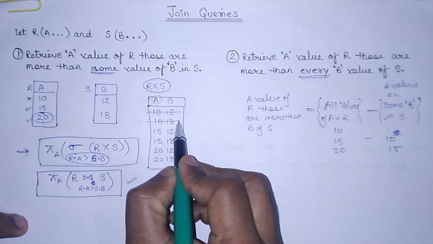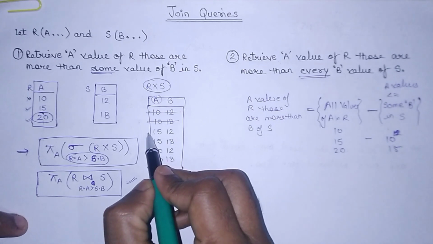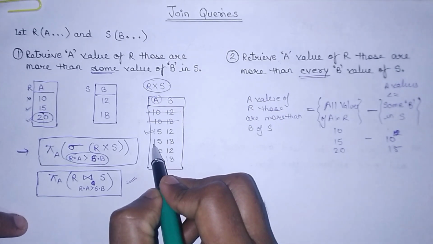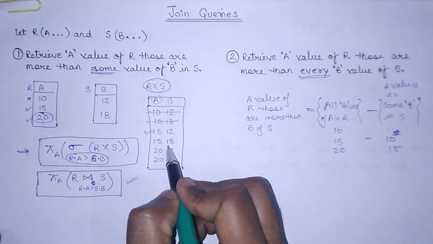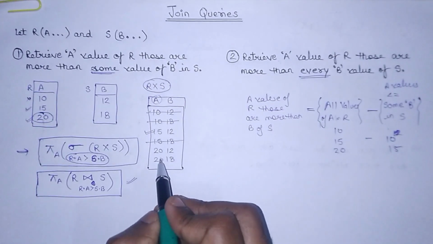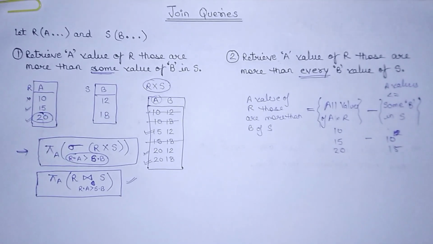Here 15 is greater than 12, so that row will be in the output, but 15 is not greater than 18, so it cannot be in the output. Similarly, 20 can be in the output with both. So these three rows will be in the output.